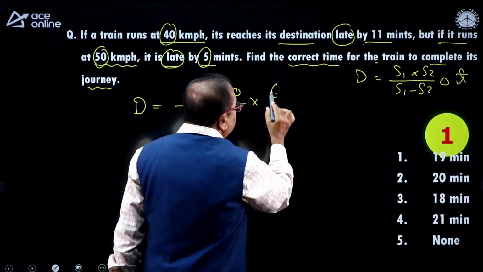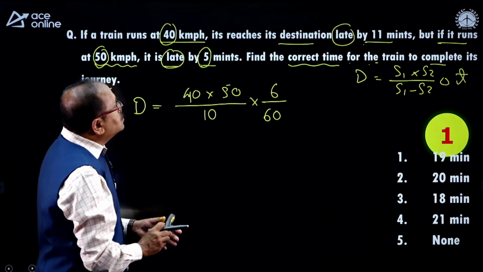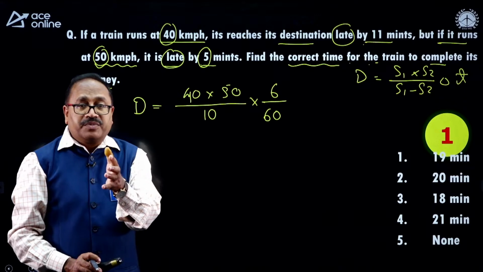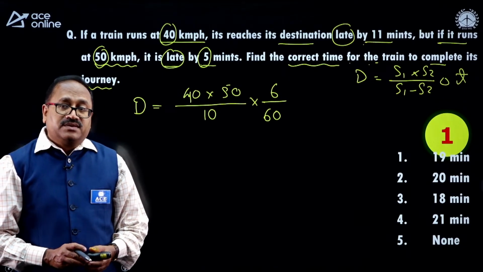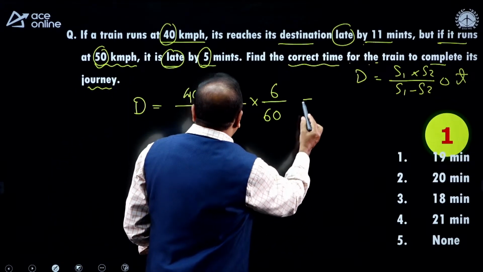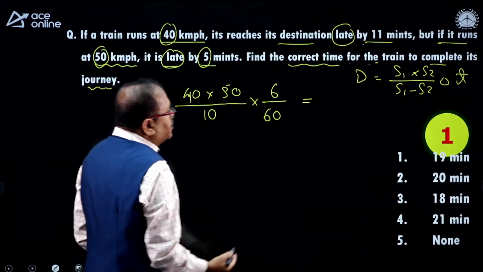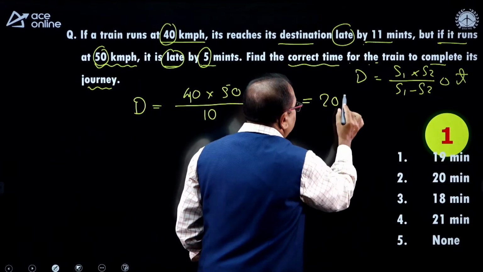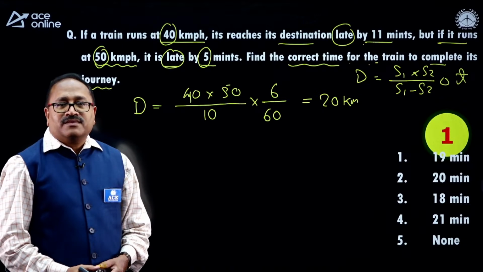So into 6 by 60, I will convert it into hours, because all speeds are given in kilometer per hour. This will give us the distance. Here, 10 and 10, 10, 100, 5, 4, 20. So the distance is 20 kilometers.